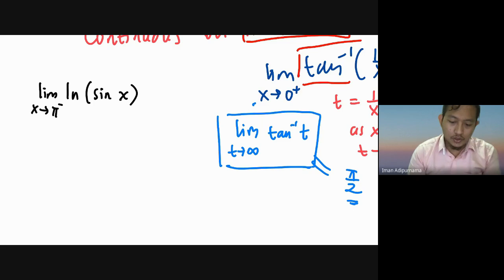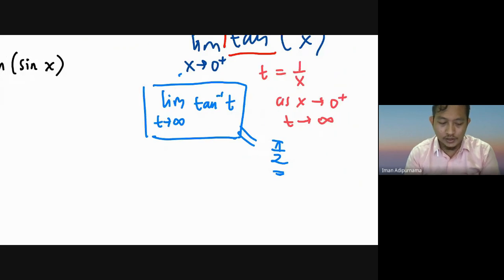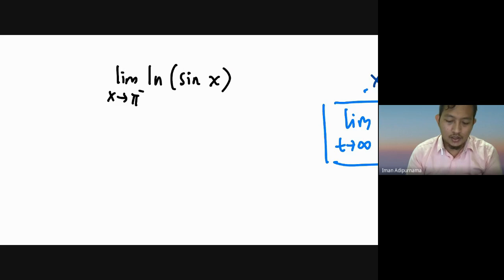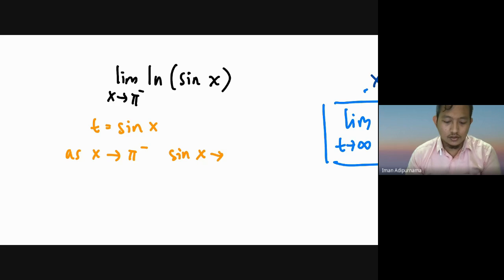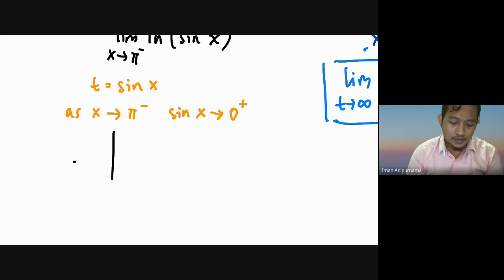Similar to what we have done in tangent inverse, we can also make t equal to sine x, with x going to pi from the left. What will happen with sine? It's going to be 0 from the right. You can check with the graph if you would like.